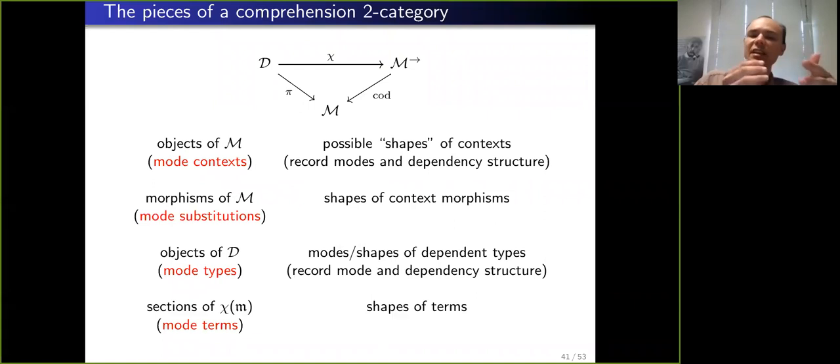The objects of D are the shapes of how a type might depend on a context, so a mode like E or S, together with the information of how it might depend on the context that's given. And then the morphisms are shapes of terms, or how those might depend on the inputs in a context.